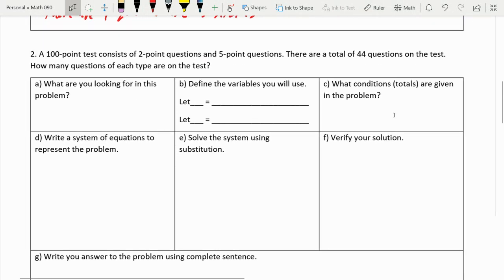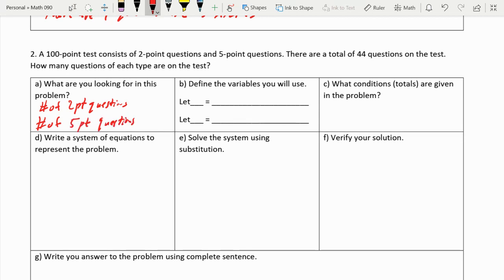A 100-point test consists of 2-point questions and 5-point questions. There are a total of 44 questions on the test. How many questions of each type are there? Again, what are you looking for in the problem? You're looking for the number of 2-point questions and the number of 5-point questions.